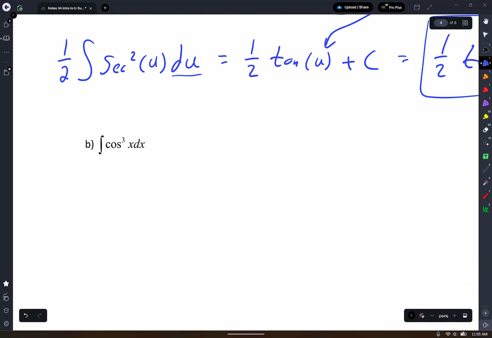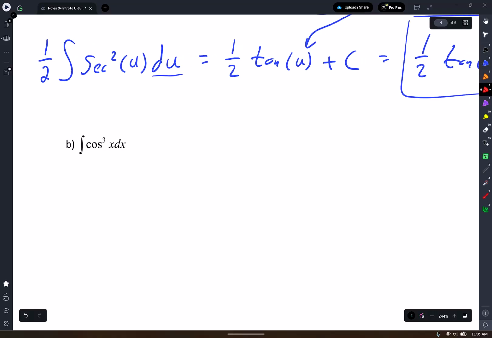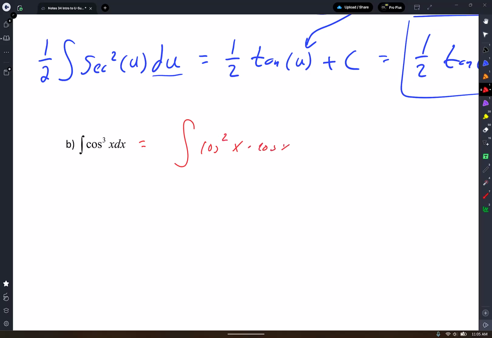So look, check it out. Look at this one. Letter B. Yeah, the more you do, the more you start figuring it out. So you see how this one is cosine cubed? There is no relationship between cosine cubed and whatever, right? So here's what we're going to do. You're going to write it like this. Cosine squared x, that's a squared, times cosine x, and then put the dx. How does that help me? Well, Valentine's is around the corner.